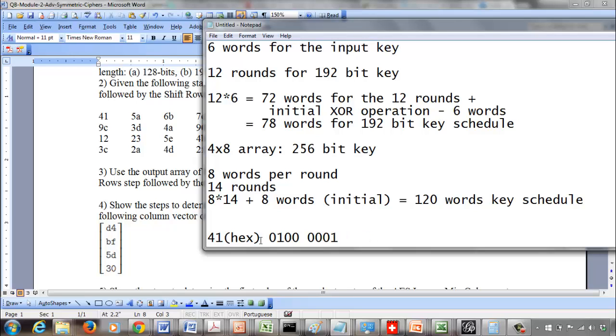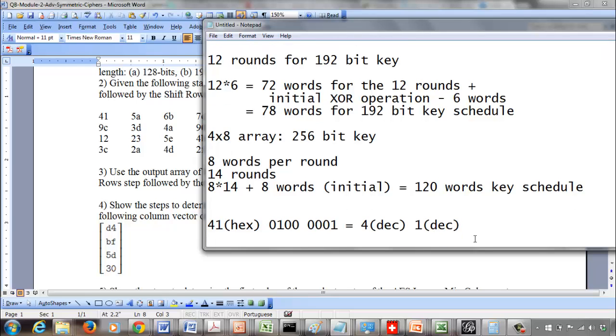What I mean is this: we take this 4-bit quantity, which is 4 in decimal, and this 4-bit quantity is also 4 in decimal.